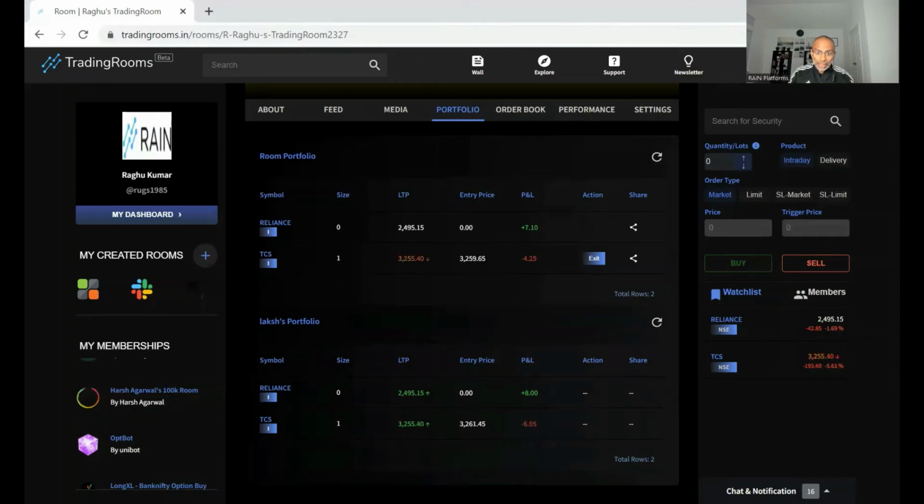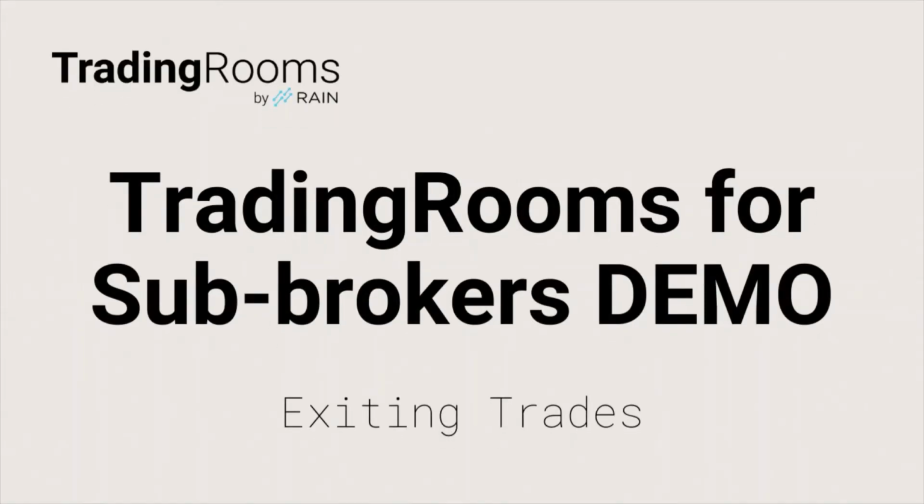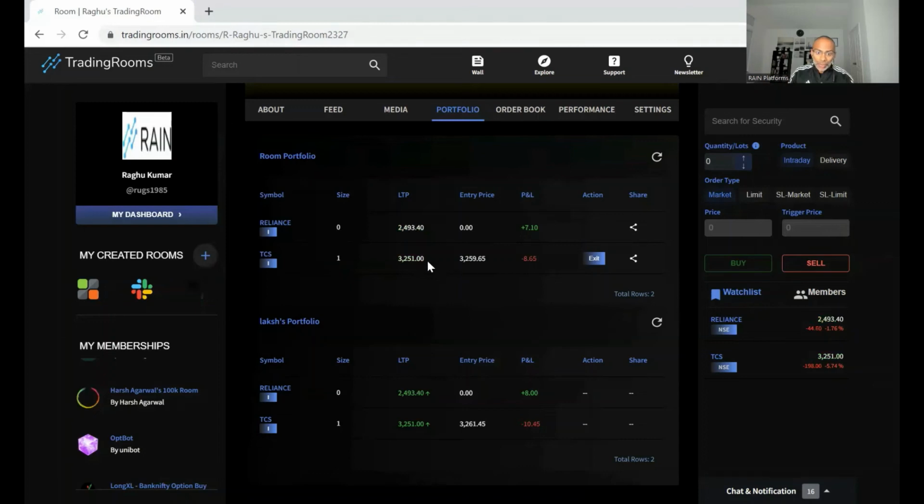We bought TCS at 3,259.65, and already the trade is working against us. On Lakshmish's account, the order was placed at a slightly different price because of slippage and whatnot. Again, on his account as well, the order is moving away. So what we're going to do now is go ahead and exit this order.